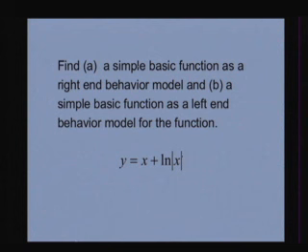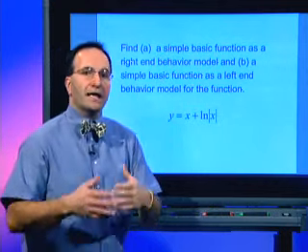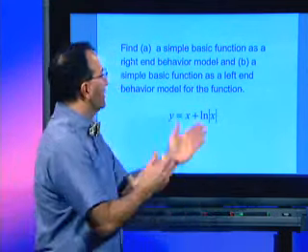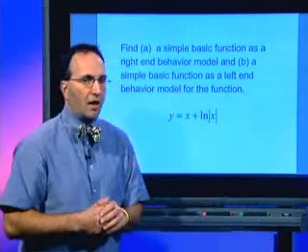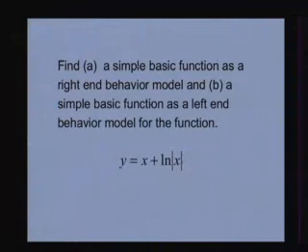One hint in this particular example is that when you find a simple basic function that's the right-end behavior model, it is possible that you will use the same function for the left-end behavior model. You don't always have to have two different functions. So pause the video while you work on this problem, and when you're finished, restart the video to check your solution.